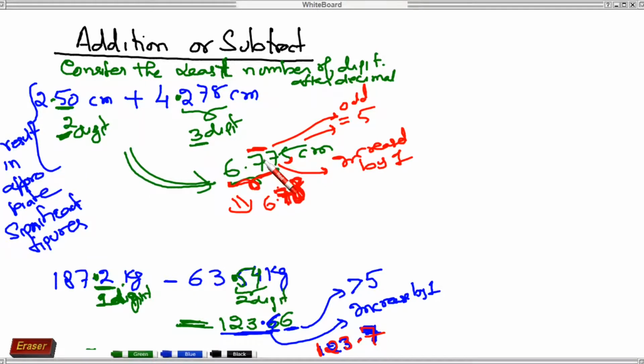In our result also we will have the same number of digits. Here it was two digits, so in our result also we will have two digits, but we want to round this value up to the required number of digits. So we will apply the rule we discussed in our previous video.